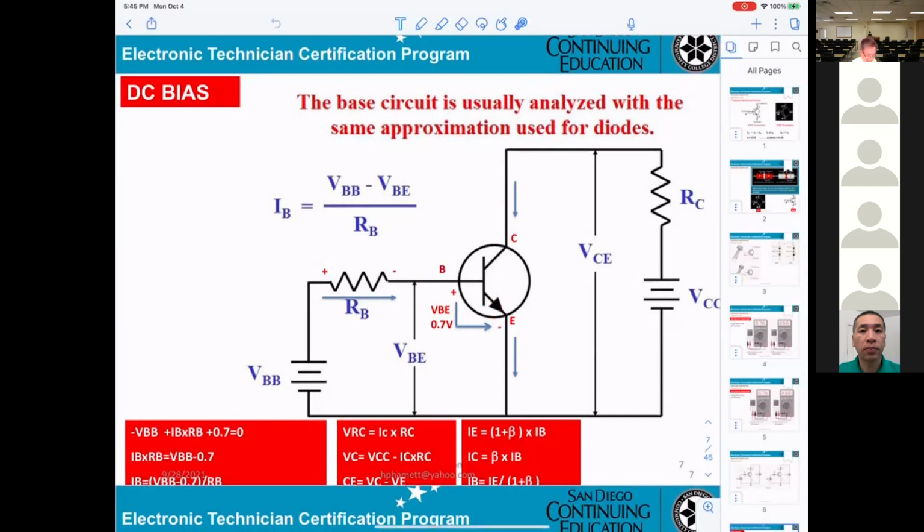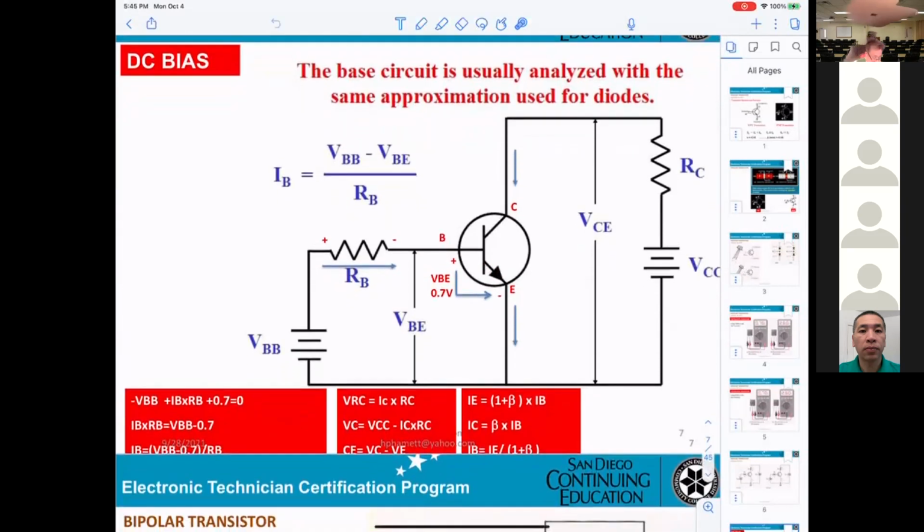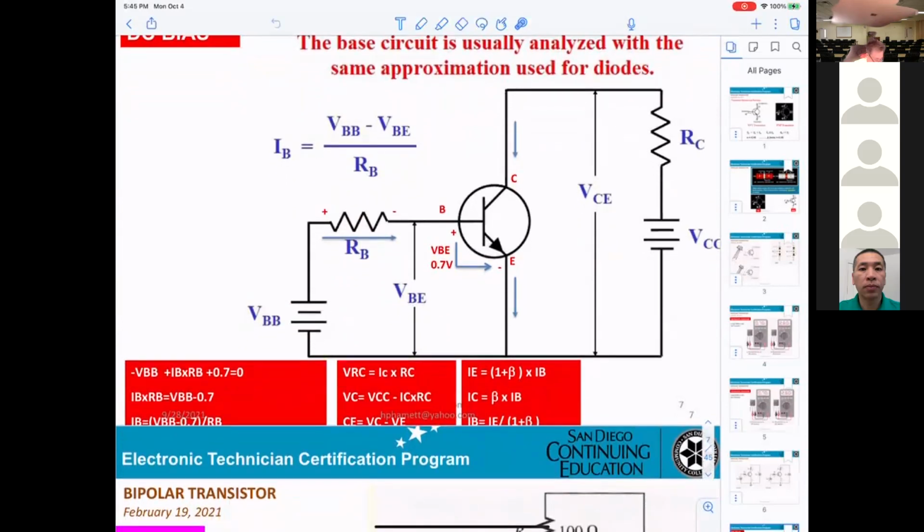Okay, so now in order to do the calculation, they can give you the equation. That means you draw the loop, and you get minus VBB plus IB times RB plus 0.7 volt equals 0. And finally, they give you IB equals, right here.